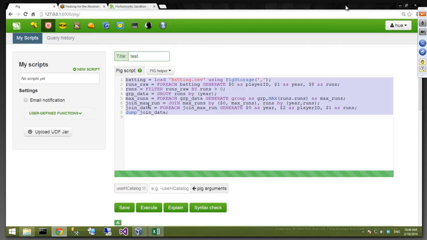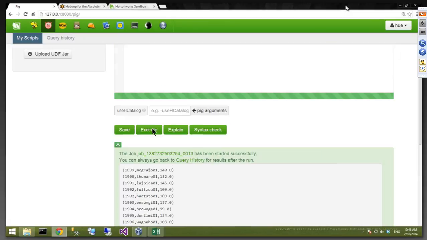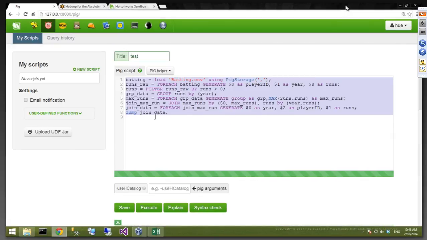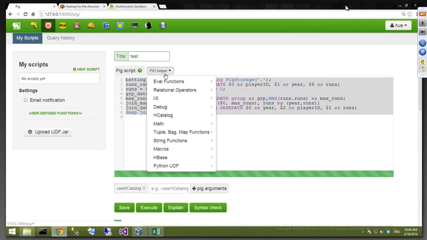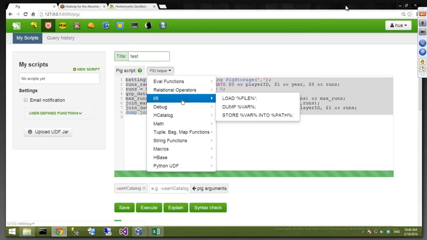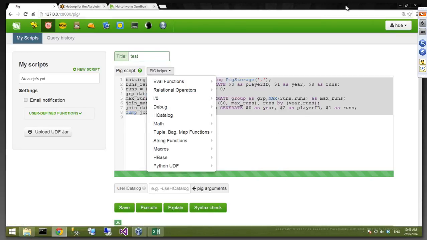So once I dumped it and you saw the results, done. If I want to look at the exact same data again, I need to run Pig again and do the whole script again, unless I specifically go to these storage helpers and say, okay, store it into HCatalog or store it into HDFS, and then I can use the results from my storage place, right?